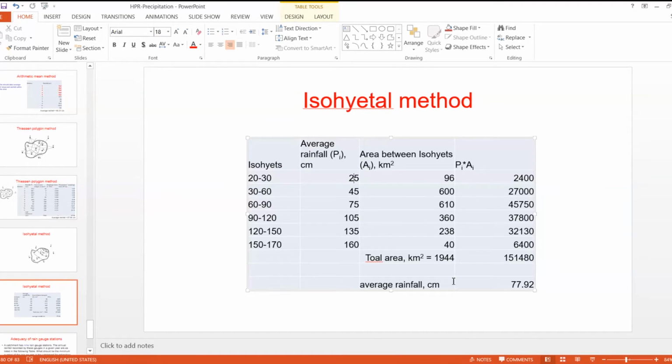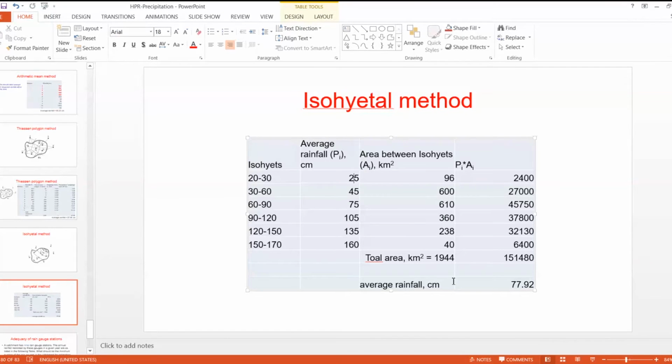But the Thiessen polygon method is more complicated. First we have to divide the area into polygons surrounding rain gauge stations, and we have to estimate the area of the polygon which is representing a rain gauge.